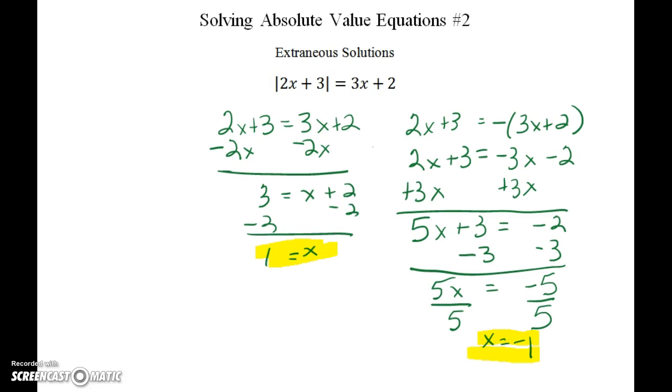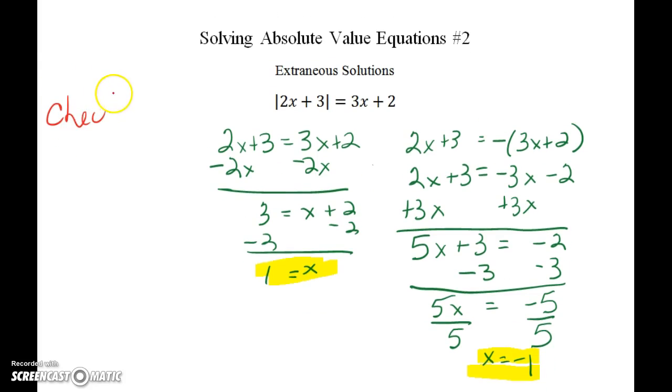So what I'm going to do is go back and check. The only way to see if we have any extraneous solutions is to check. So we always go back to the original. So the absolute value of 2x plus 3 equals 3x plus 2.